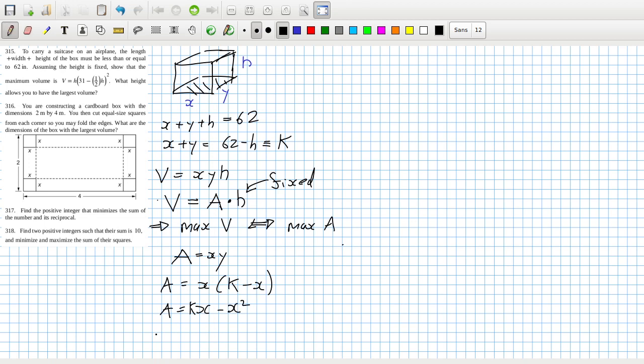So minus X squared. So dA/dx equals K minus 2x, which equals 0. So that means that x equals K over 2. And that would also mean, from this formula, that y equals K over 2, which means we have a square.